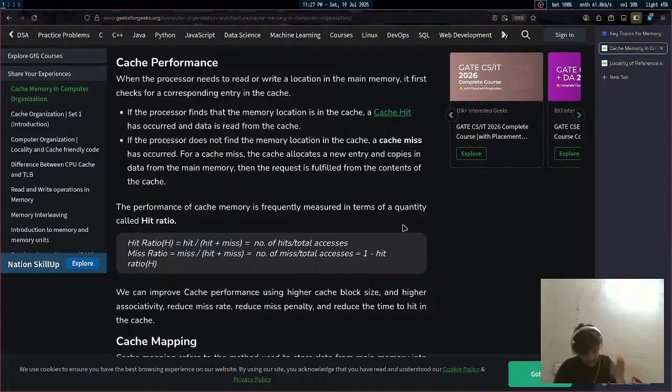If it finds the thing in cache, then it will just return it to the CPU, and else it will just go fetch it from the memory.